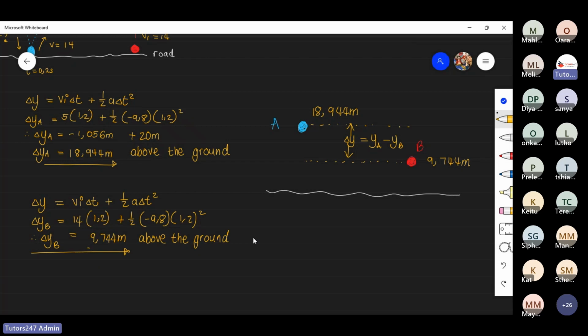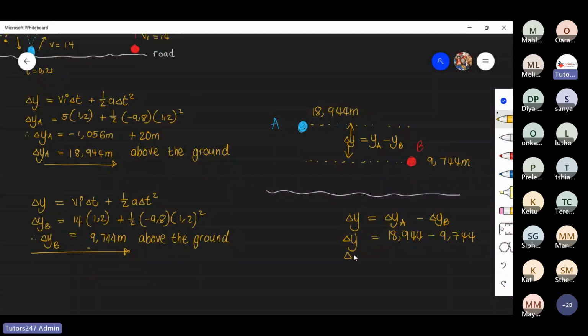So we need to now calculate the distance between the two objects. So we are now going to subtract them. We'll say displacement will be equal to the displacement of object A minus the displacement of object B. That is then going to give us 18.944 minus 9.744.